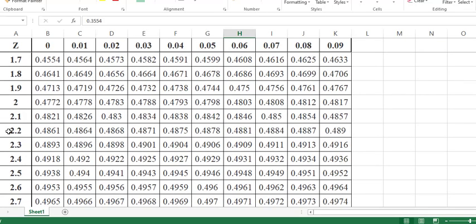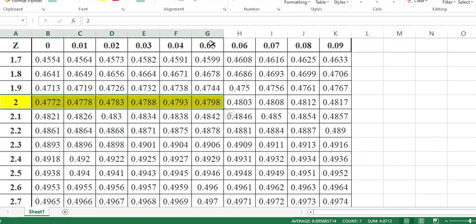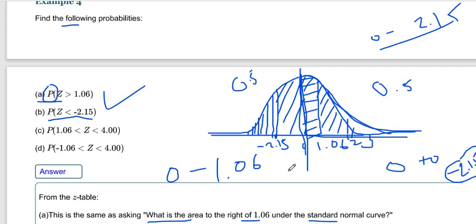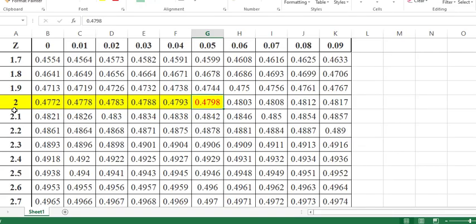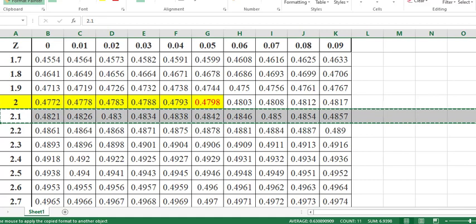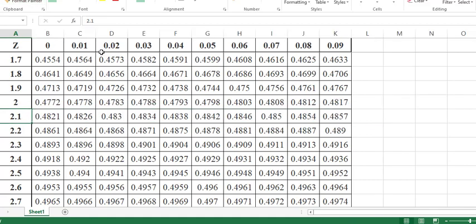Here 2.1 is here and 0.05 is here, so this is our value. Sorry, I first said 2.05, but it is 2.15.